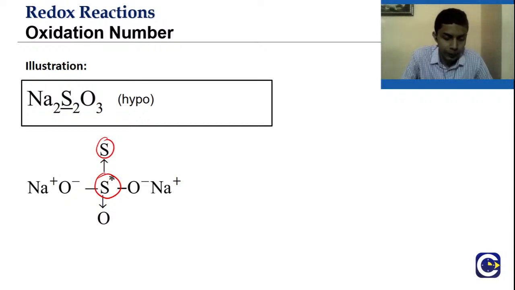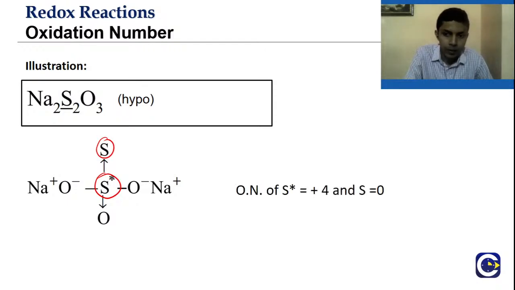Yes, the oxidation number of sulfur would be plus 4. Plus 1 from right, plus 1 from left, plus 2 from below.